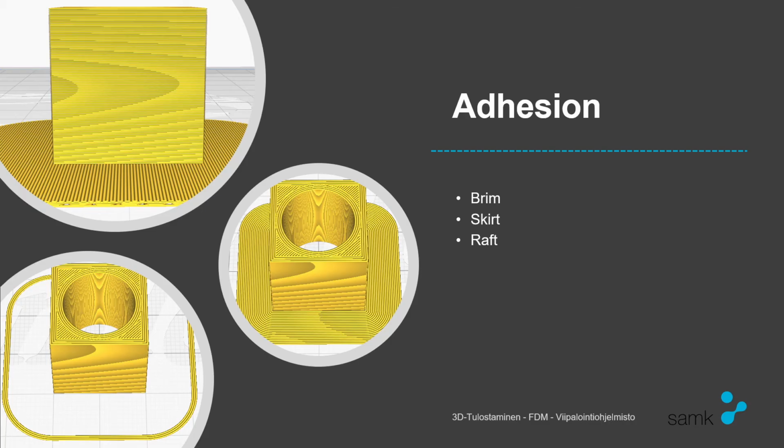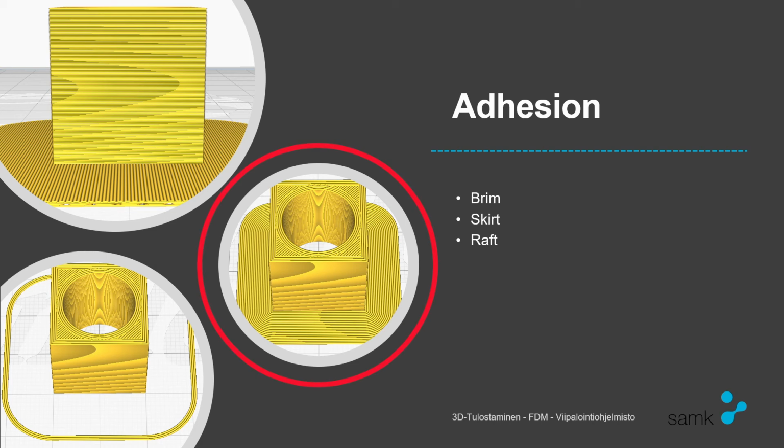Then there's adhesion. For different materials, for example ABS or PETG, you might have some difficulties with the adhesion of the part to the build plate. There are 3 different things that you can use, at least these 3 things: the brim, the skirt, and the raft.